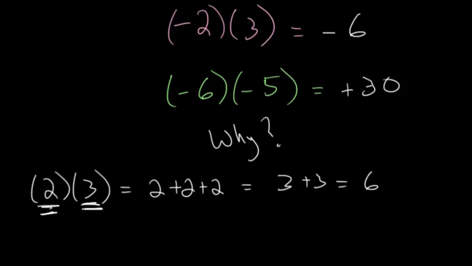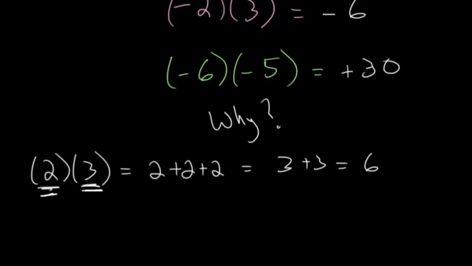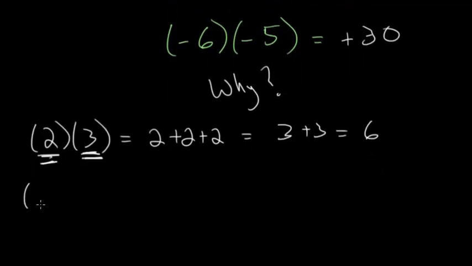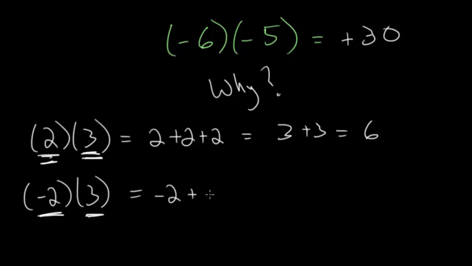Let's now think about this when one of them is negative. So we could have minus 2 times 3. It's like taking negative 2 and adding it 3 times: minus 2 plus minus 2 plus minus 2. Or you could take the number 3 and subtract it 2 times: minus 3 minus 3.